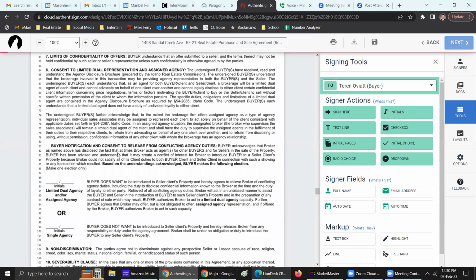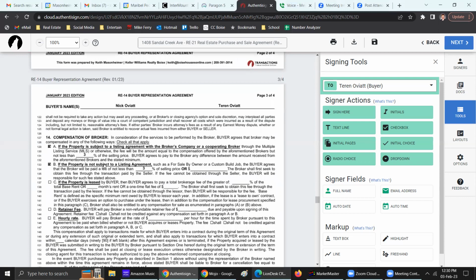Luckily, the seller is going to be paying for my service. So the only thing that you have to pay is a $495 transaction fee that helps keep a record of your transaction in our office. I think they have to keep it for like 7 years. So it's just the documentation with that, and working with the transaction coordinator to make sure that's a smooth process. That's the only thing that's required of you.